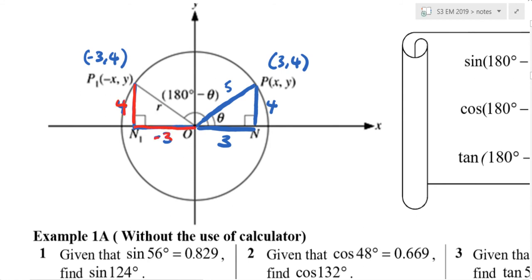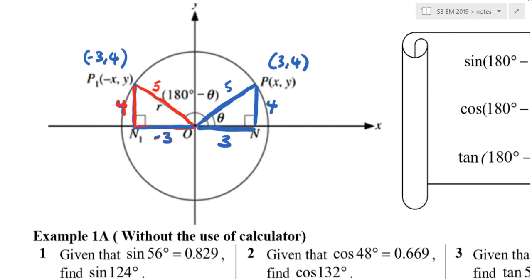The hypotenuse, if you use a square plus b square equal to c square, you'll get 5. Now, you must understand why Jia Xuan say this one is still 3, right? Because we are thinking in a length mode. Length cannot be negative. But in this case, we use this story to help us understand why is it minus.